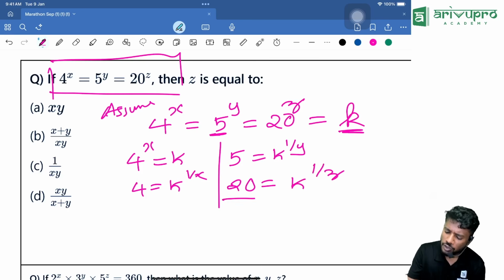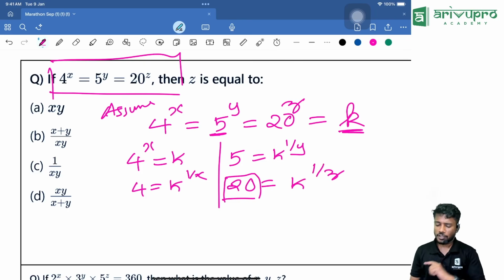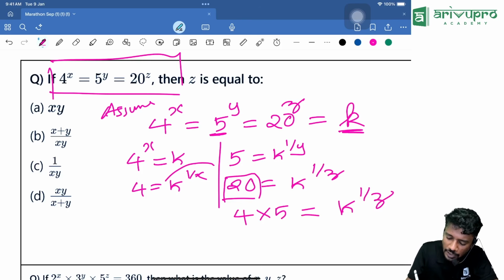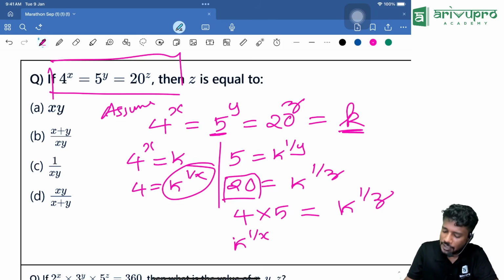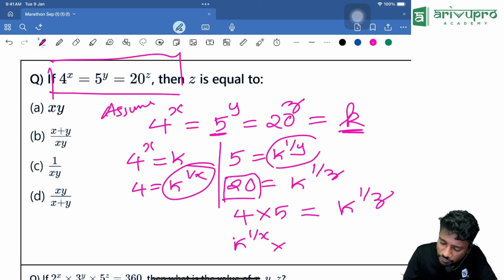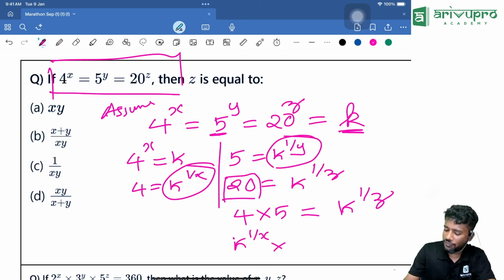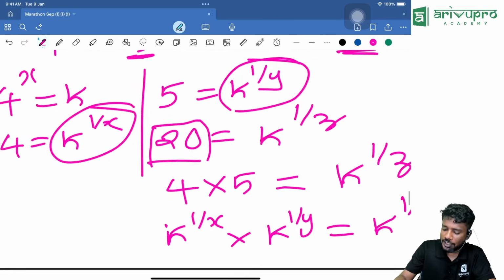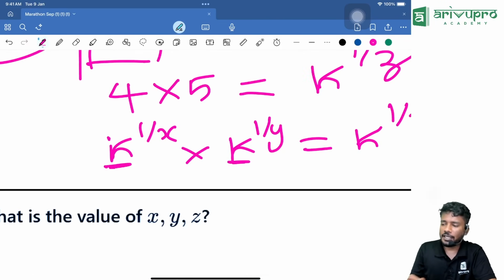Now, what do we know about 20? 20 is nothing but 4 into 5, which is equal to what? K raised to 1 by z. Now, what is the value of 4? K raised to 1 by x, into what is the value of 5? K raised to 1 by y, which is equal to k raised to 1 by z. Now, bases are same.